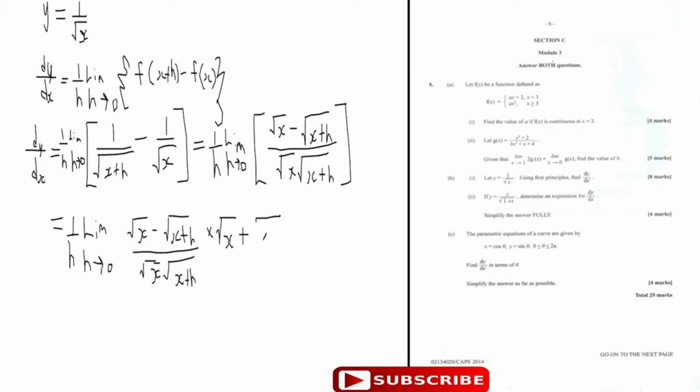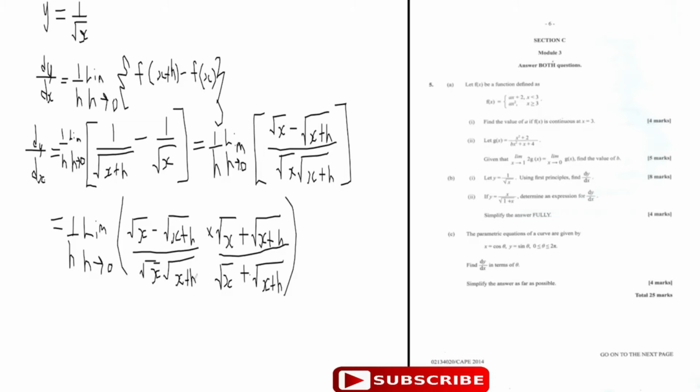So multiply by the conjugate. And anything you do to the numerator, you have to do to the denominator. You have to multiply the denominator also by the root of x plus the root of x plus h. Nice and easy.